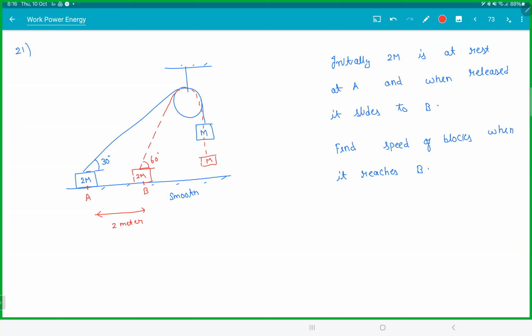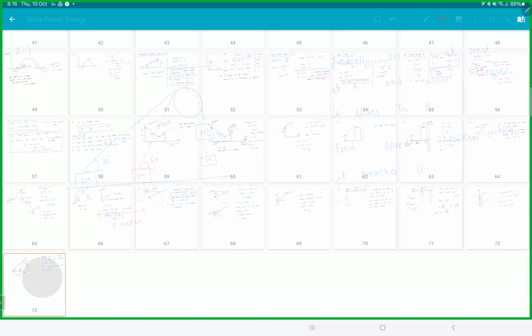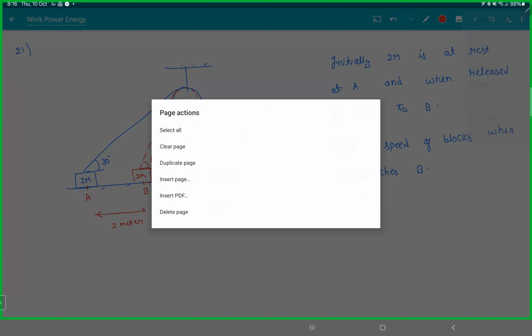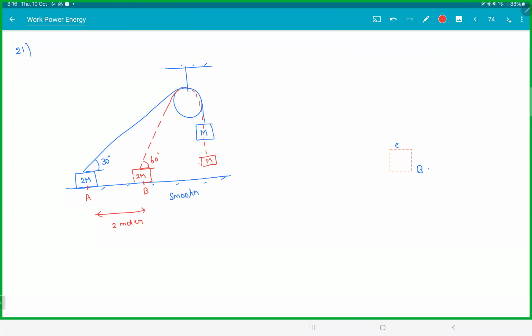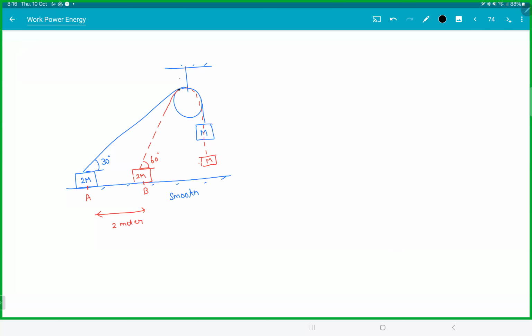Did anyone get the height? How much did the block fall down? See, let's say if this is A, let's call this C. For example, if this length is 5 meters, this length is 3 meters, what happened to the remaining 2 meters?